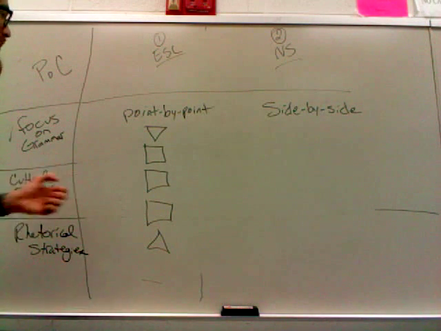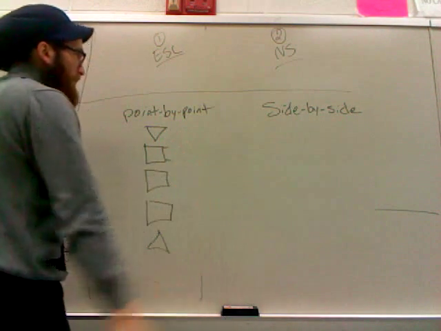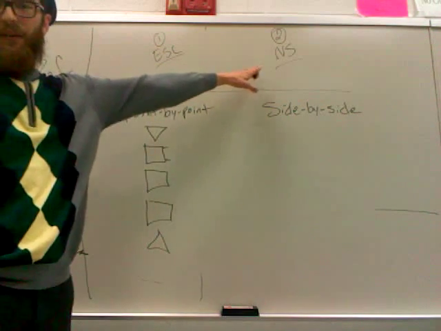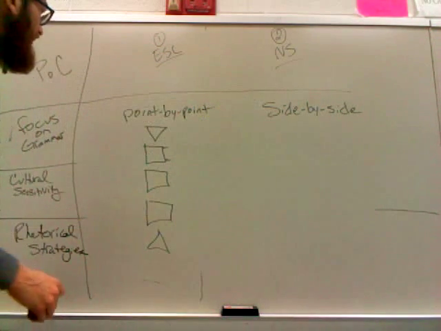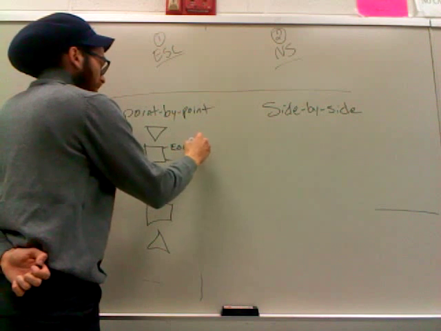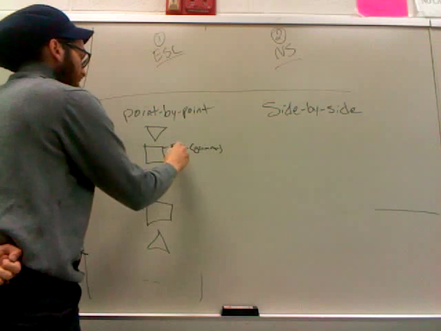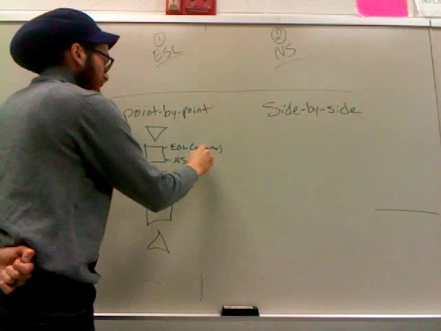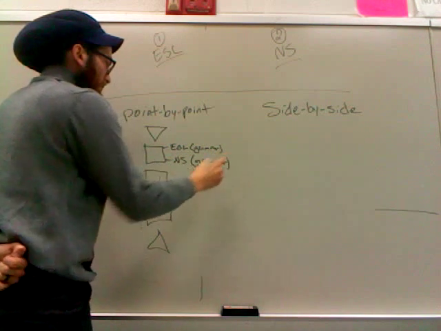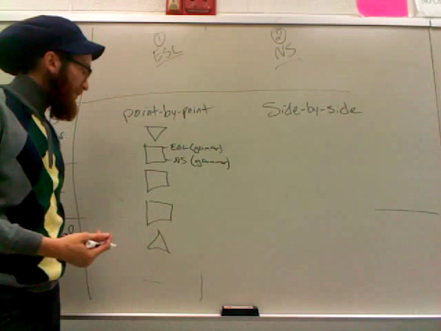Okay, so in point by point, you blend the items that you're comparing and contrasting. So you will have ESL student and grammar, and you will have native speaking student and grammar. Okay, and remember this is contrast. These items contrast.